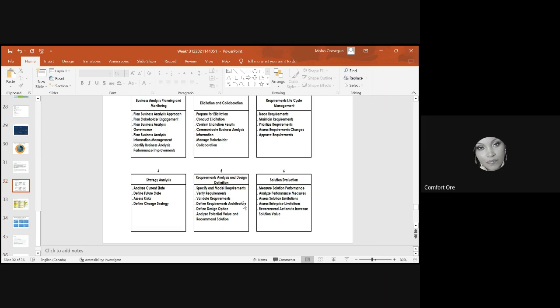So it is the responsibility of the BA to actually verify that the requirements are what is expected, and go back to validate, ensure that it is signed off.